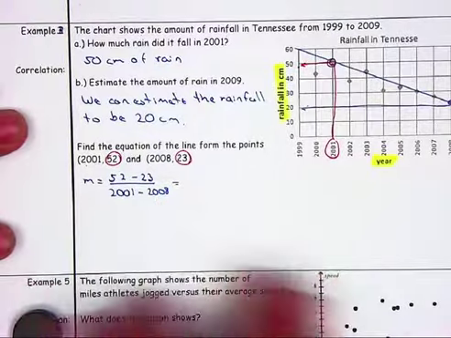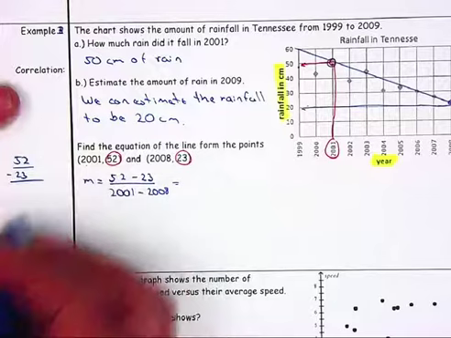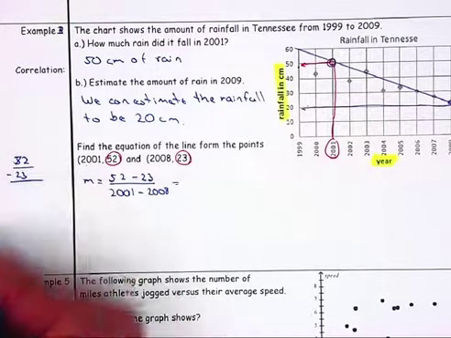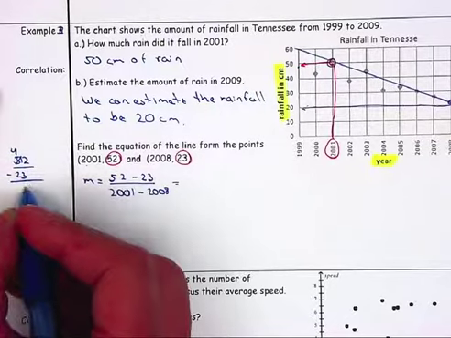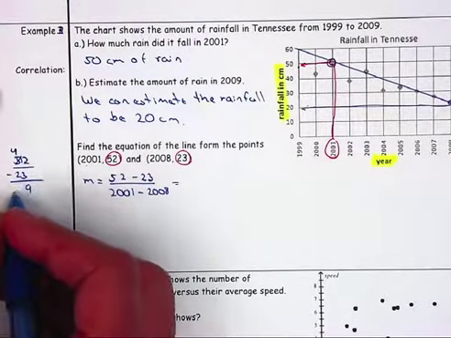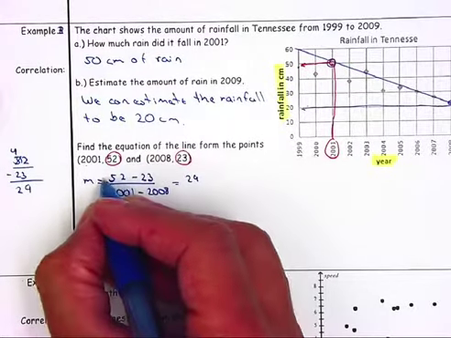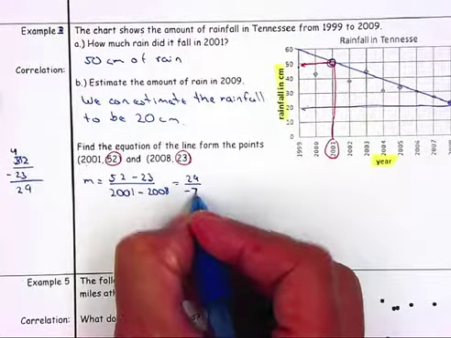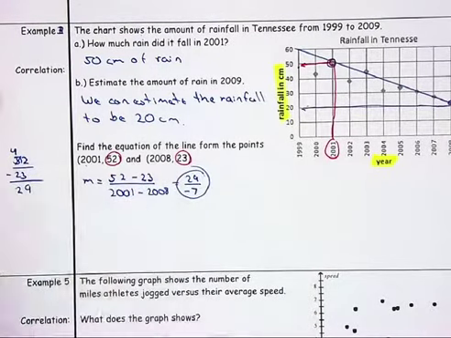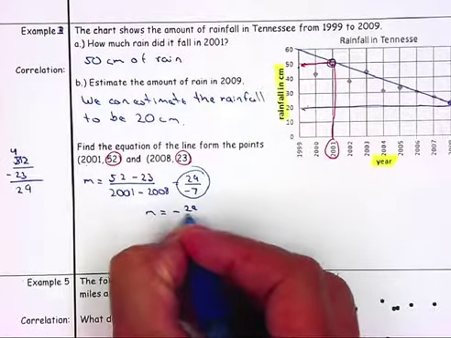I'm going to work it out on the side. 52 minus 23: 2 minus 3 can't, borrow 1 from the 5, we can say 4, and that gives me 12. 12 minus 3 will give me 9. 4 minus 2 will give me 2. It'll be 29. Over 2001 minus 2008, which will give me negative 7. This is a fraction, so we're just going to leave it as a fraction. So my slope will be negative 29 over 7.